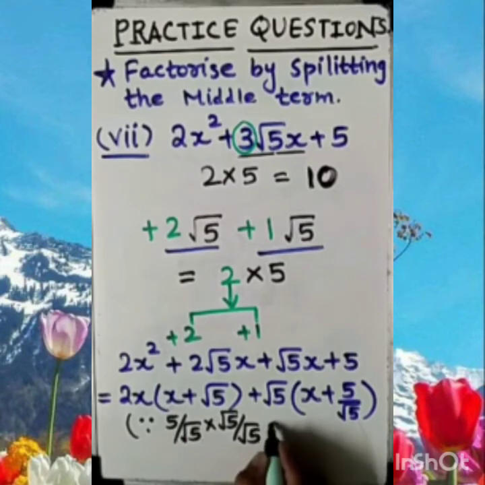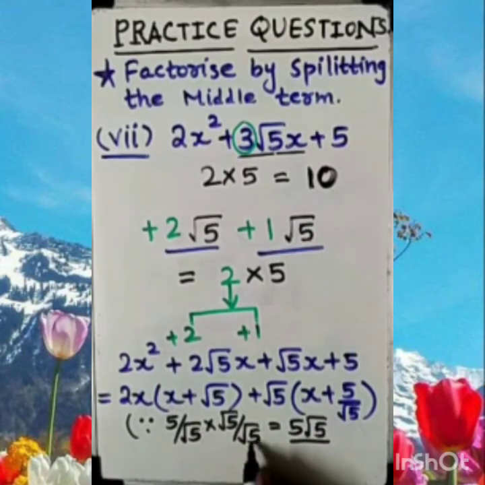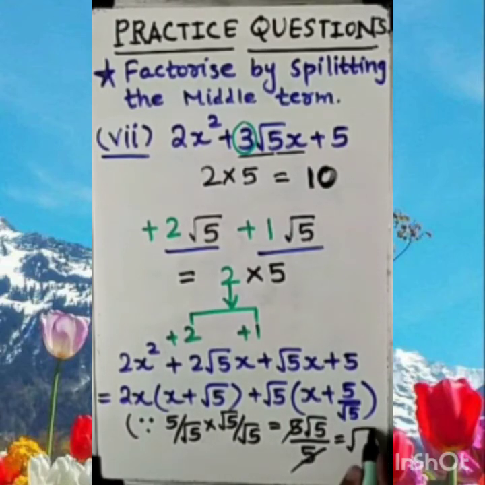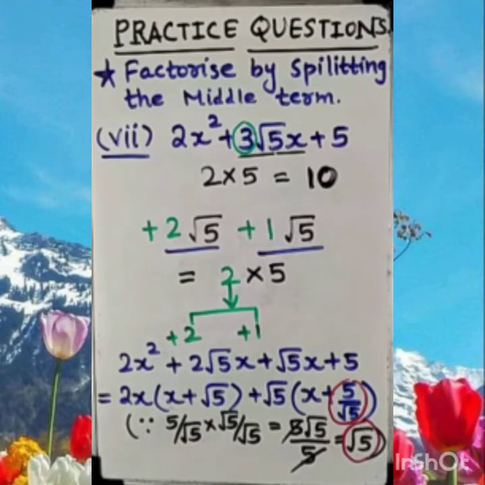If we rationalize, then in the numerator we will have 5 root 5 and root 5 into root 5 is 5. 5 cancels, so we will have only root 5. So in place of 5 upon root 5, we can write root 5. And let's try to simplify.